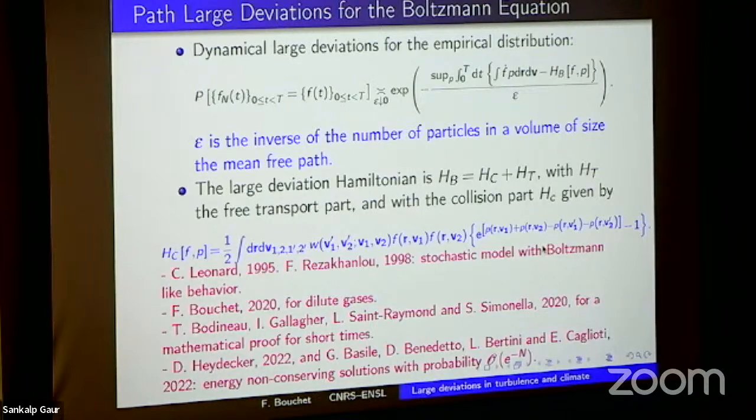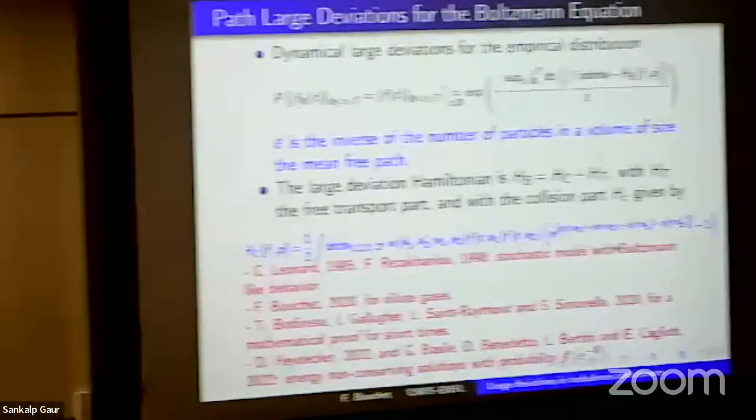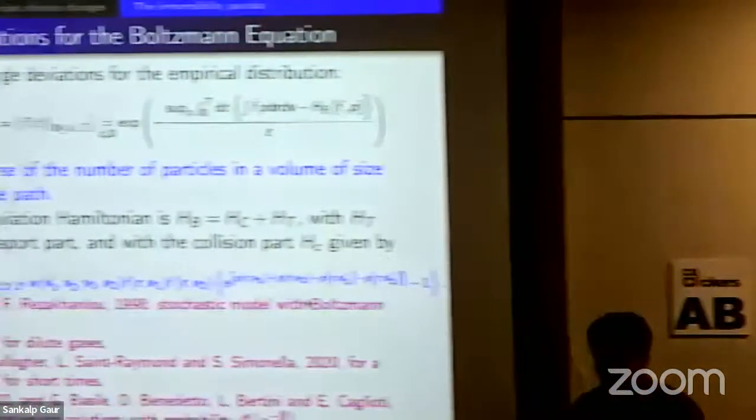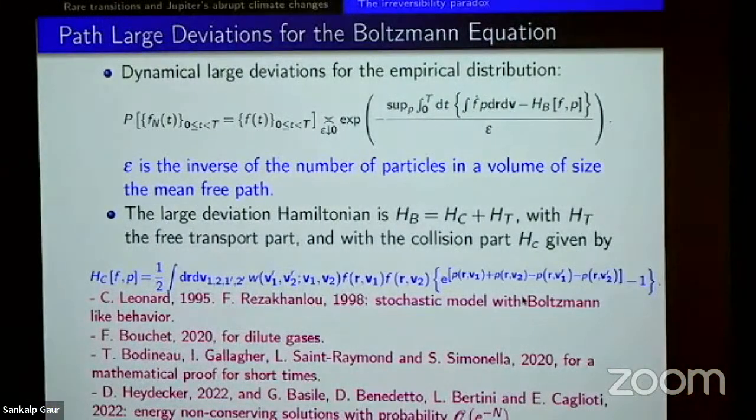Okay, so you see here we look at the distribution F. We have Fn, which is the actual distribution when you have n particles, right? And so we look at the probability that Fn is equal to F, for F any smooth function, right?